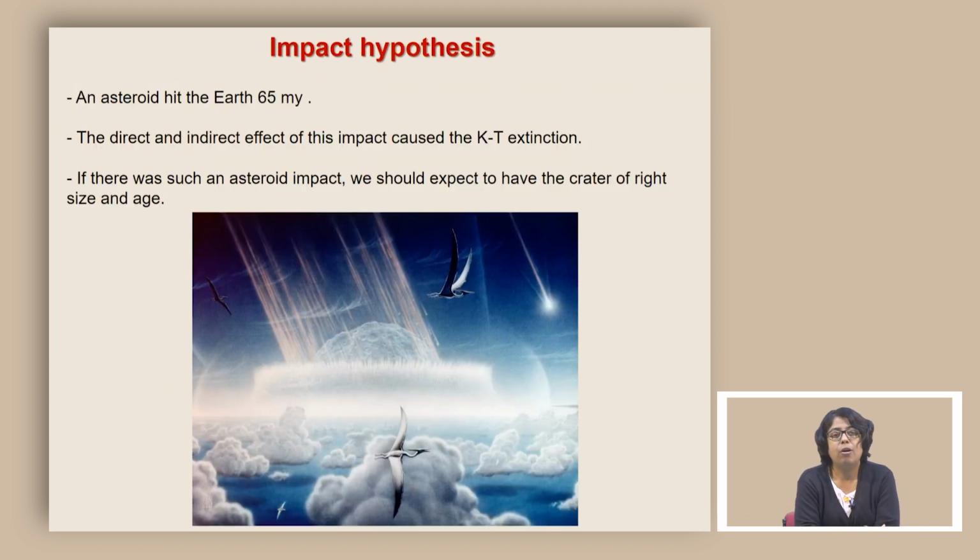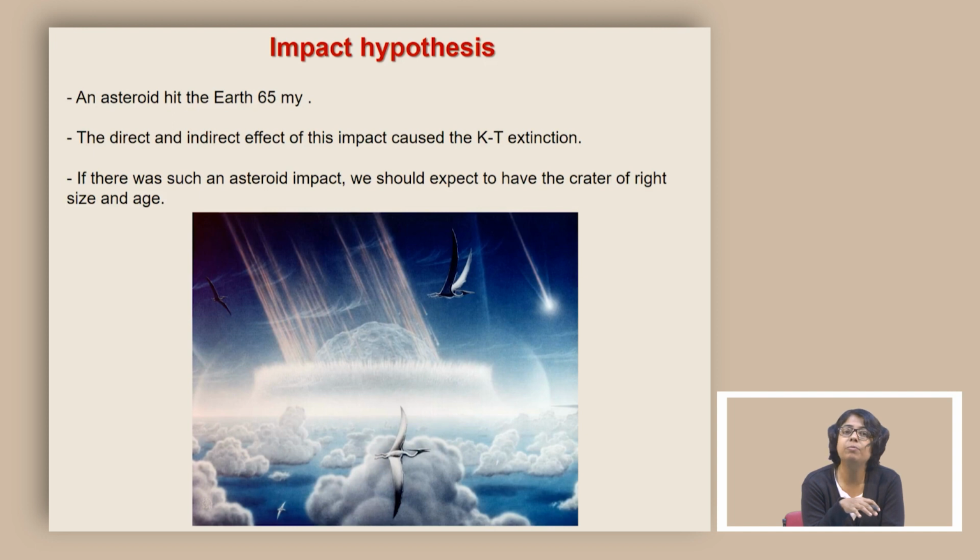According to Alvarez, Louis and Walter Alvarez, the Earth was hit by a large asteroid 65 million years ago. That was their original idea. Now, the ages have been revised, and we know that it could range between 65 to 66 million years ago.